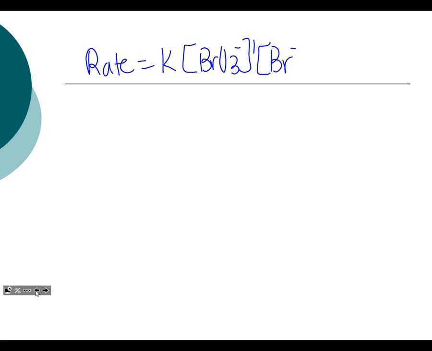Okay, let's calculate our K. So let me write that rate law up for us again, because you have to have the orders, and then you have to have the rate law in order to be able to calculate your K. Because there is a method that you have to follow.